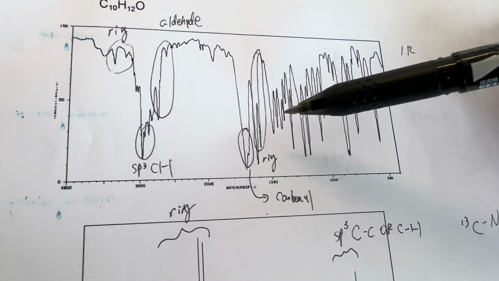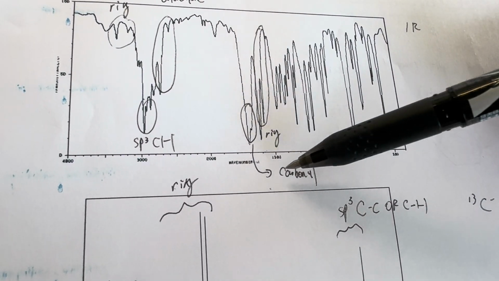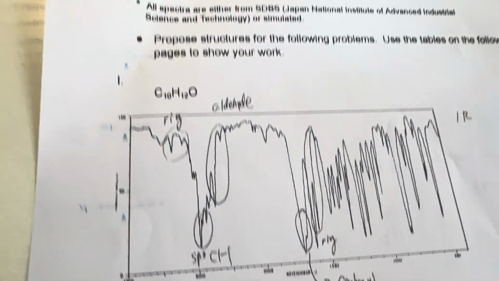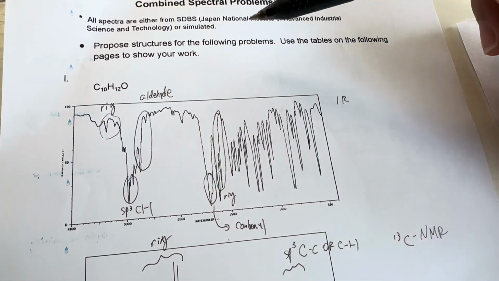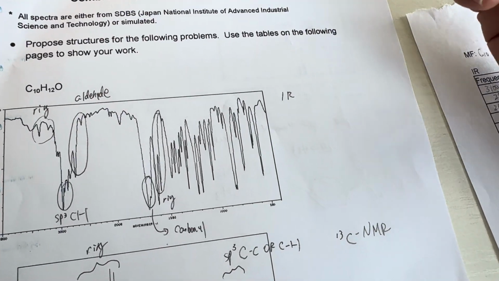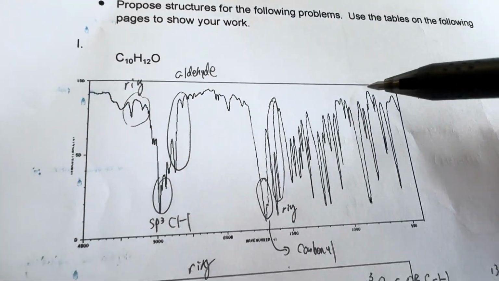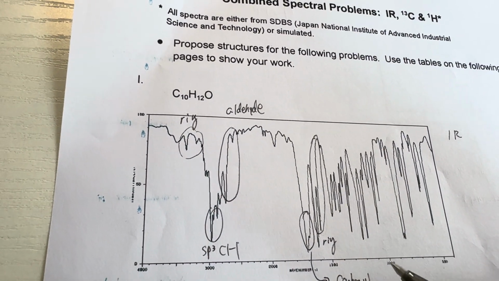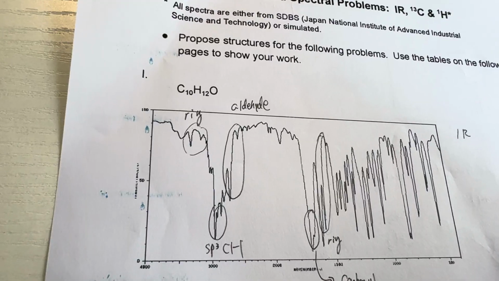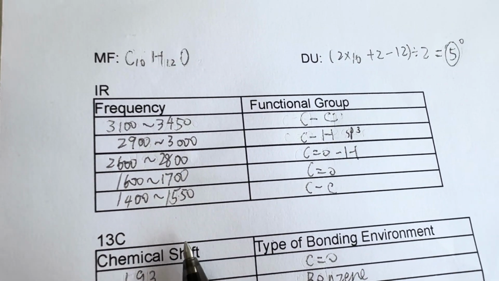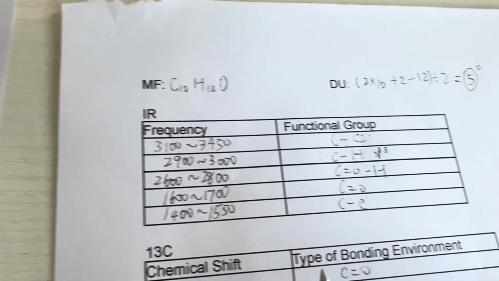Next, around 1,700 there's a carbonyl group, which matches the shape of it. And lastly, there's also a C=C range around 1,400 through 1,550-ish. I give the frequency ranges here and put them with the respective functional groups from this chart.